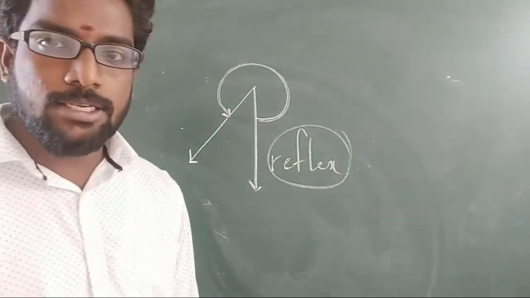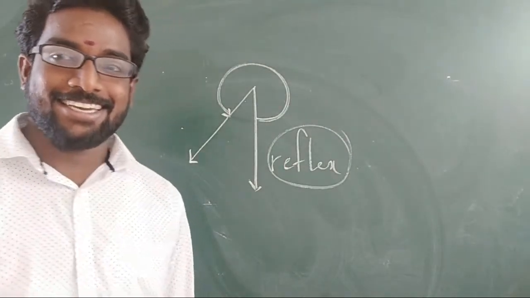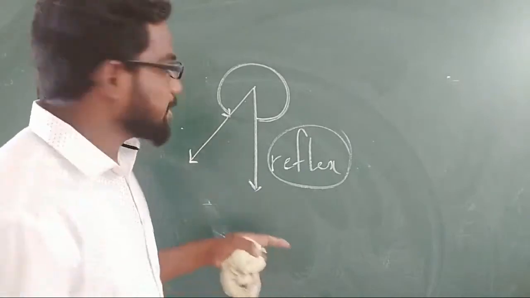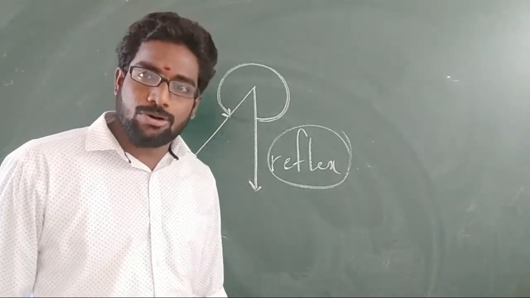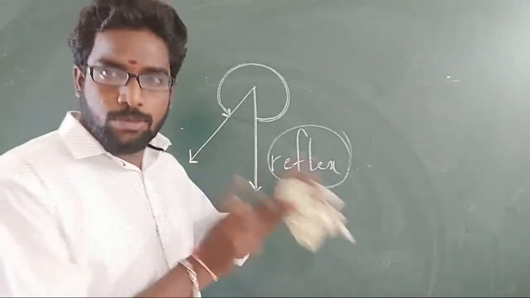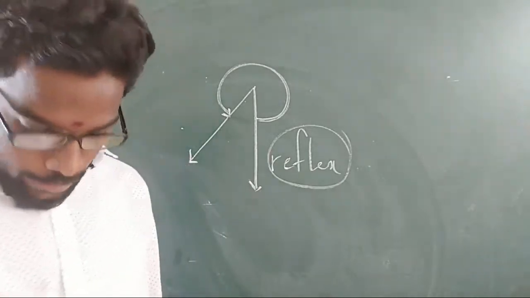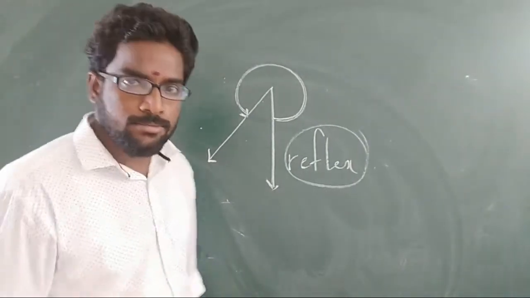That much of protractor is not there. You are not measuring on the blackboard, you are measuring on your textbook. So no problem. In your textbook, on the diagram, you have to keep the protractor. You don't need a big protractor, a small protractor is enough.